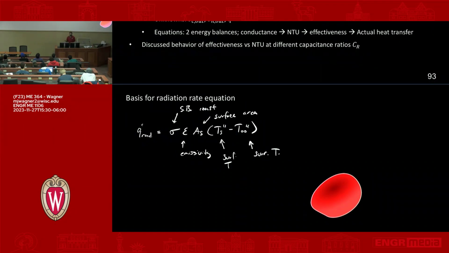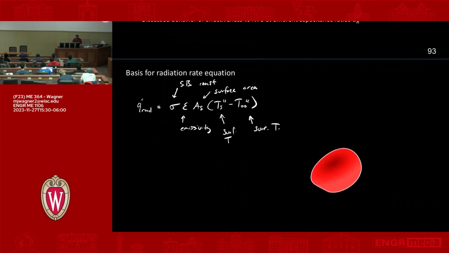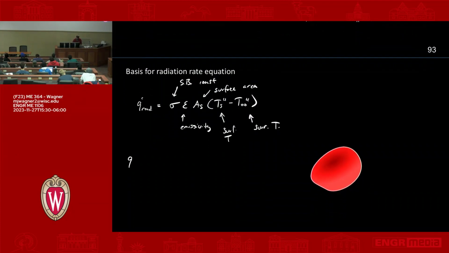And we went through and wrote it in different ways. One way we can rewrite this is Q dot radiation is equal to, again, sigma epsilon A_S. We can factor things out where we say T_S squared plus T infinity squared, times T_S plus T infinity, times T_S minus T infinity.